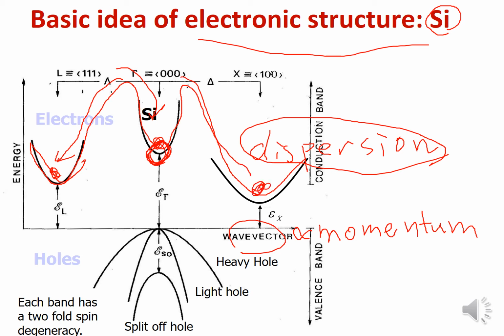This local minimum of electronic energy is called a valley. So this is called the L valley, this is the gamma valley, and this is the X valley, where you find the minimum energy of the electronic state.